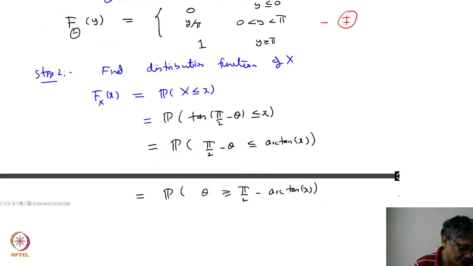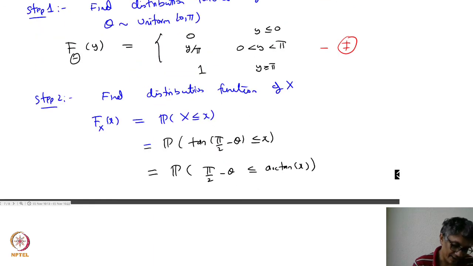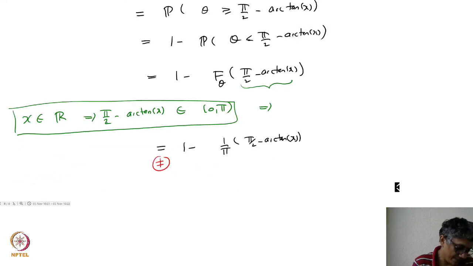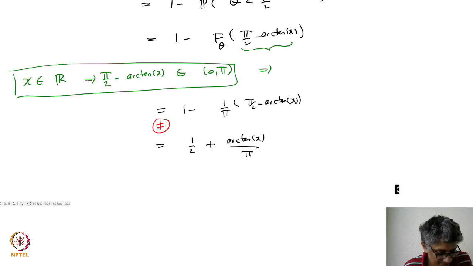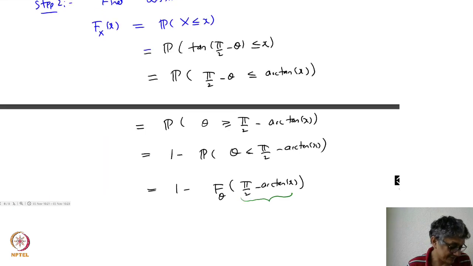That's what I had: F of y was y by pi. Here my y was pi by 2 minus arc tangent x, and if I do the algebra, that is just the same as 1/2 plus arc tangent of x divided by pi. Very nice. So that's the distribution function of X.